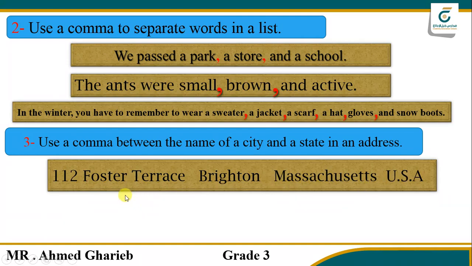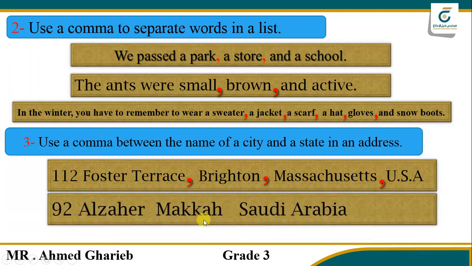So when we write an address, we start writing the street, then the city, then the state, then the country. So we start to separate all items in the address, all words in the address by adding comma between the streets, the city, and the country. We don't add and in the address, okay?